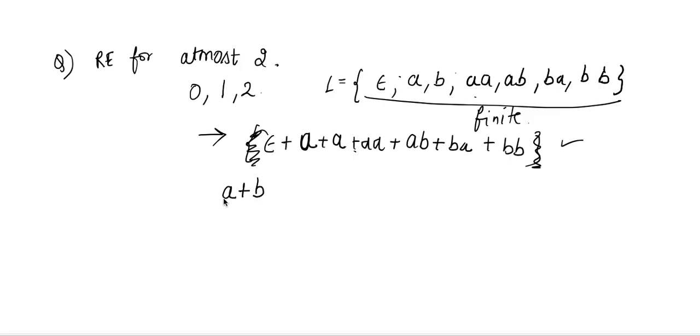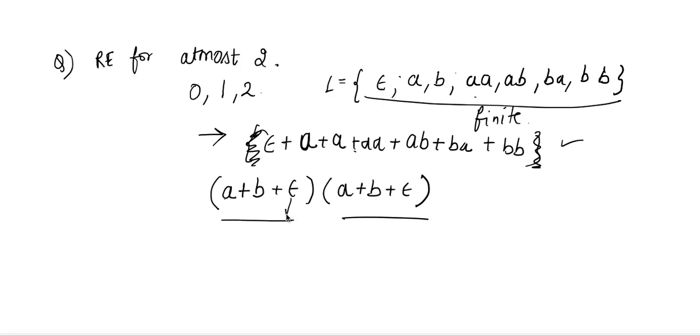At the first place, either A can come or B can come, or epsilon can also come. Got it? On the second place, either A can come or B can come, or epsilon can also come. See, if I want a string of length 0, how can we derive it from this? From both, I can take epsilon. It becomes a string of length 0, since epsilon concatenated with epsilon is epsilon.